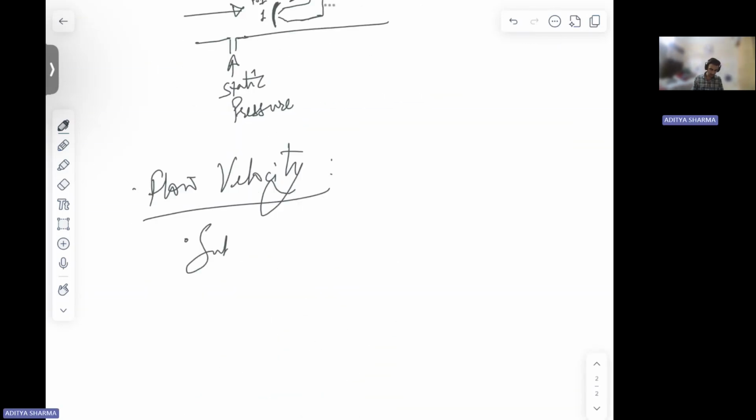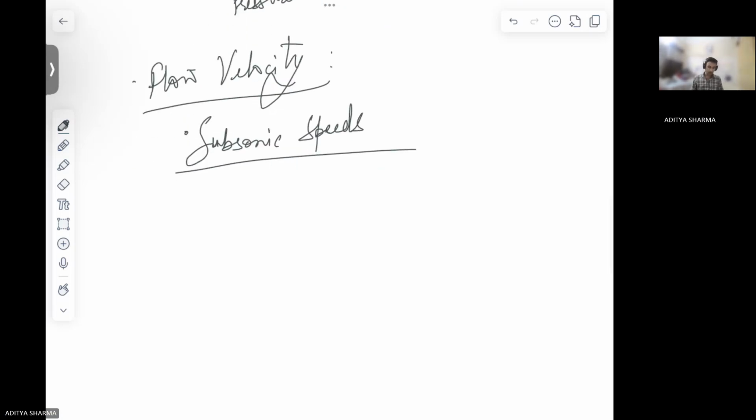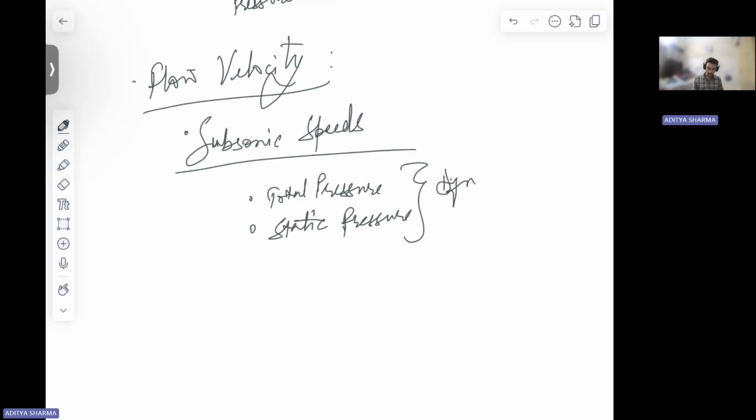In subsonic speeds, you have total pressure and static pressure, and you can find out dynamic pressure, half of rho v square.